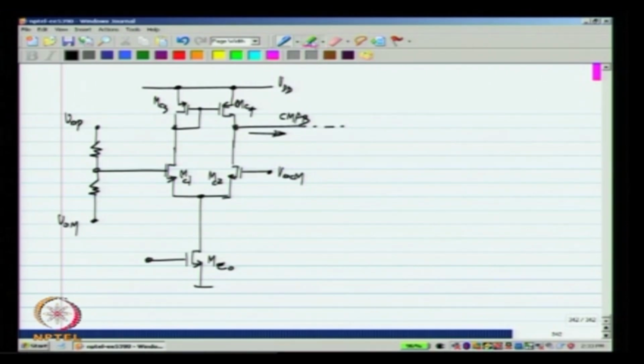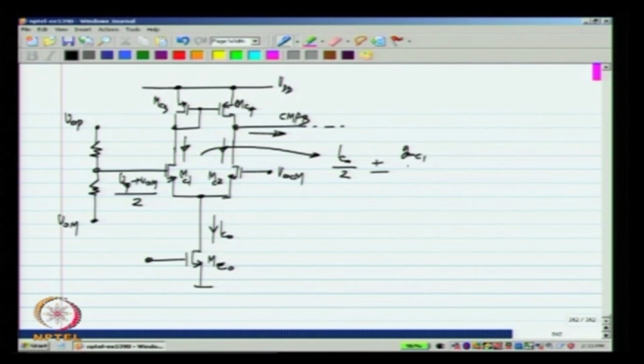The voltage at the gate of MC1 is (VOP plus VOM) by 2, okay, and the current here and there, let me call this IC0, will be IC0 by 2 plus or minus GMC1 by 2 times ((VOP plus VOM) by 2 minus VOCM). Okay.